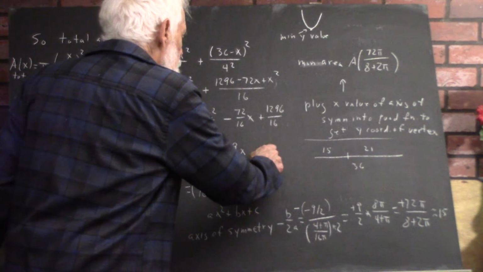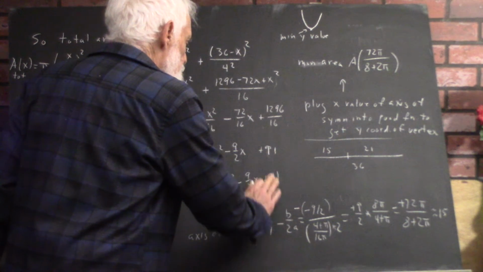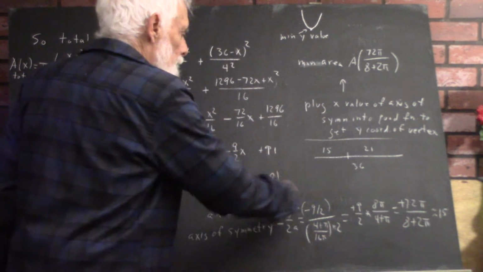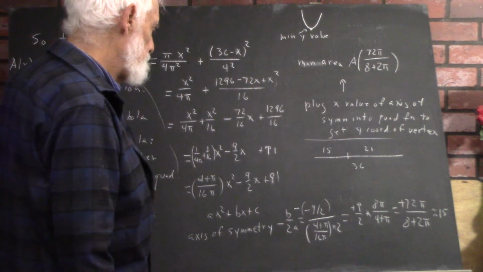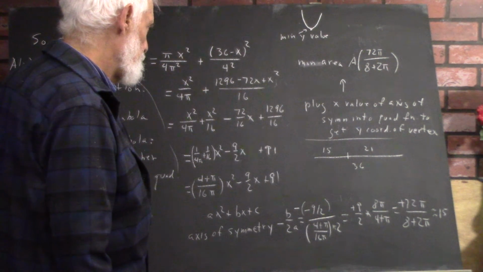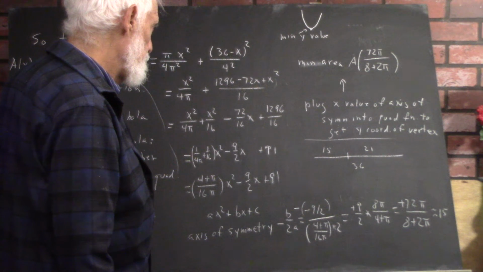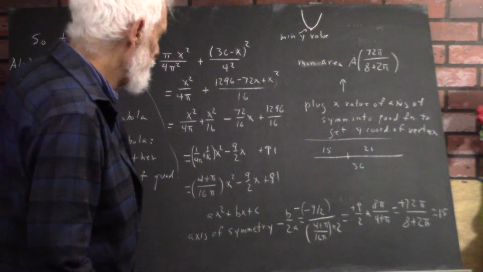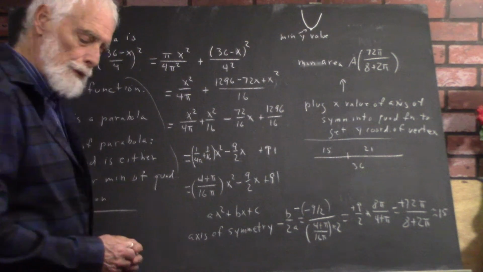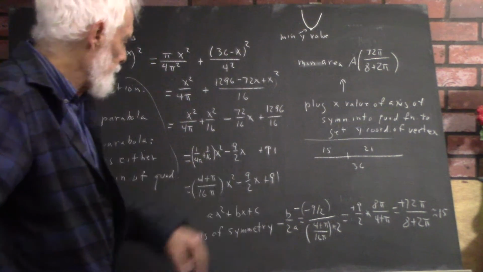That should be 91. So all my 81s should become 91s. And I haven't used the 91 or the 81 again on this board, so when we get to the next one, I'll hopefully remember to correct that.